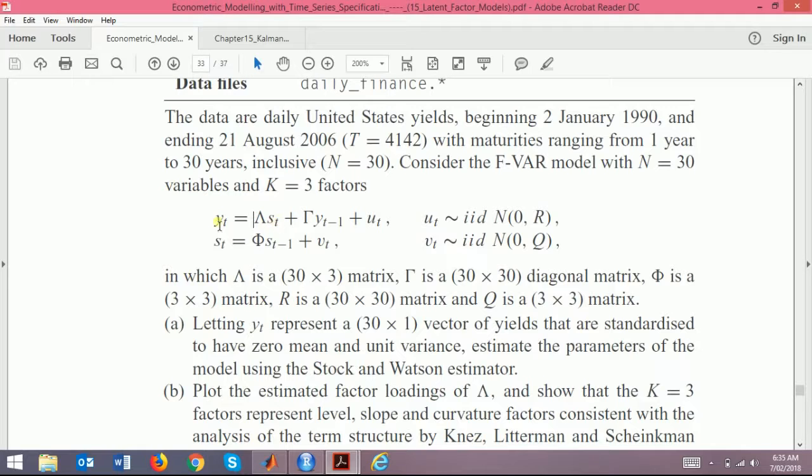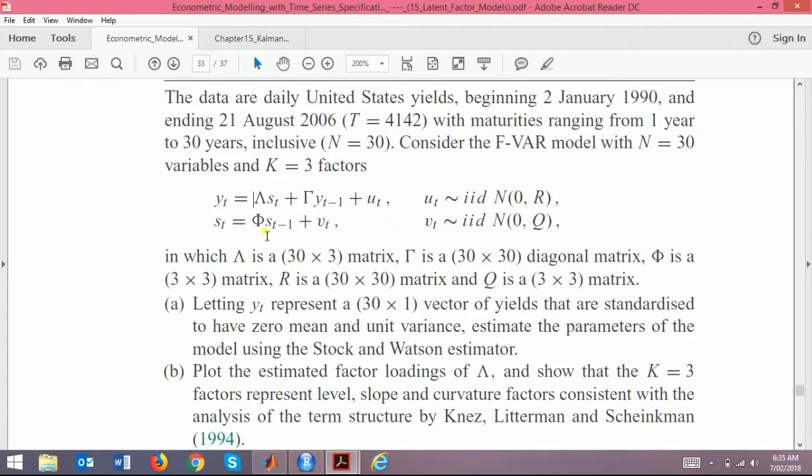These are factors. Phi is, because we are going up to 3 autoregressive parameters, a square matrix, as well as Q, a square 3 by 3 matrix that corresponds to phi. R, on the other hand, is also a square matrix, but interestingly that will correspond to gamma.